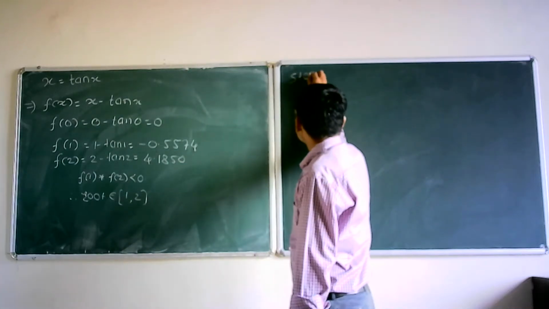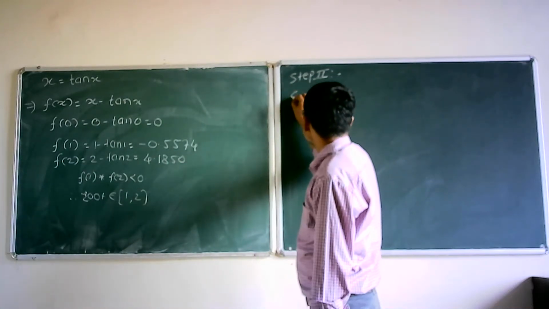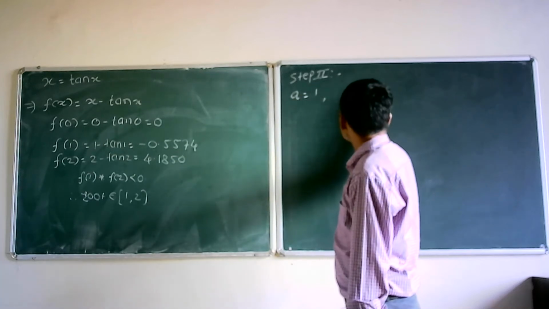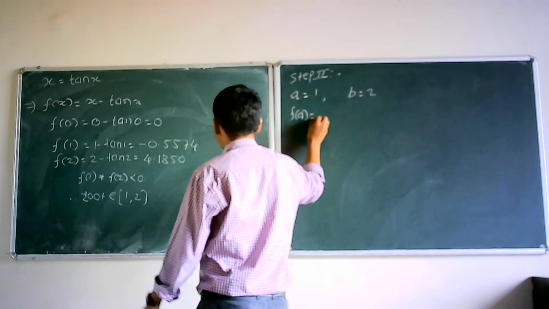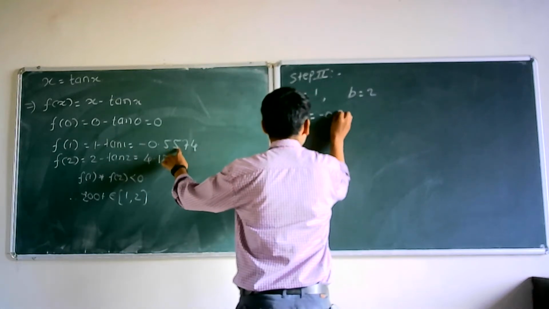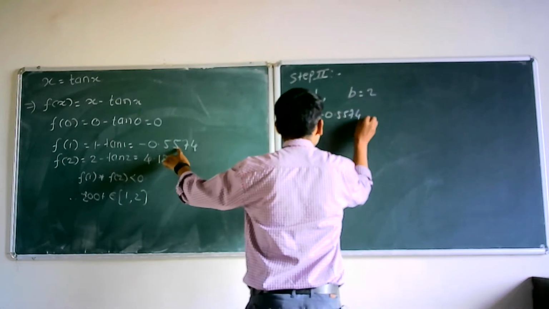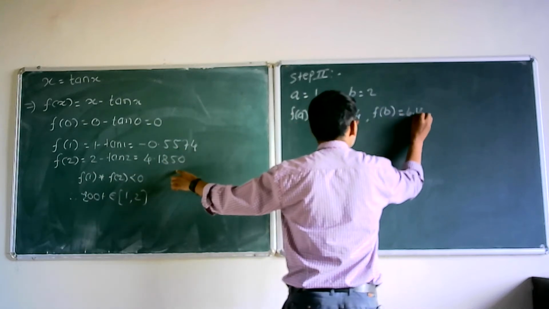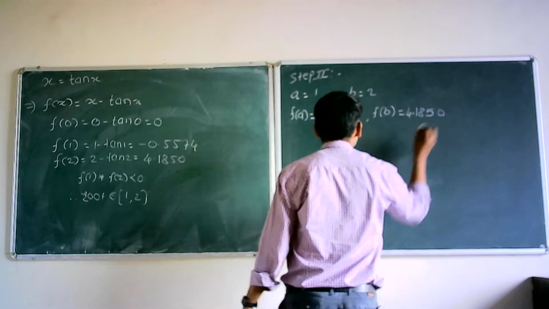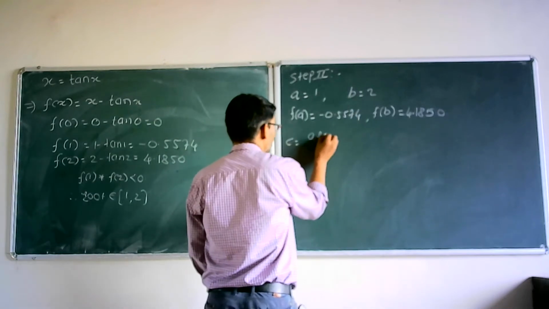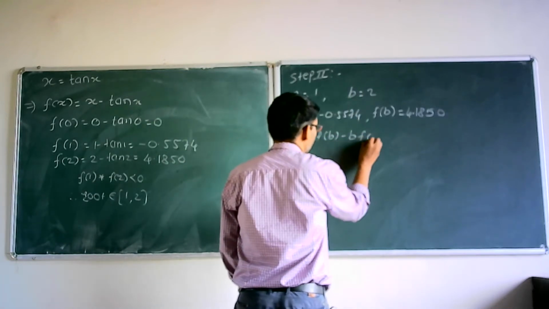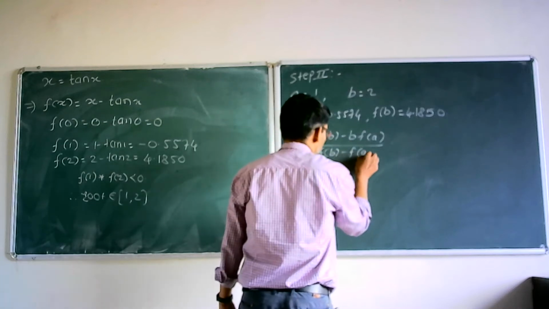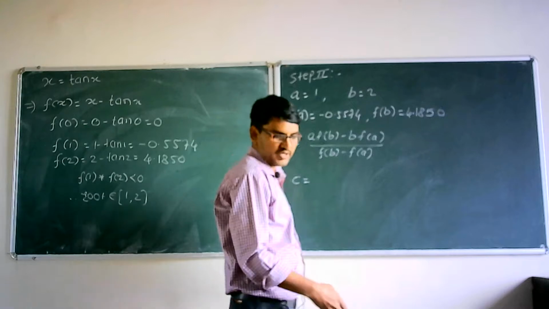Since we want to apply the first position formula, here we can write a is equal to 1, b is equal to 2, f of a we have already determined as minus 0.5574, and f of b is equal to 4.1850, and therefore c is equal to a f of b minus b f of a divided by f of b minus f of a.